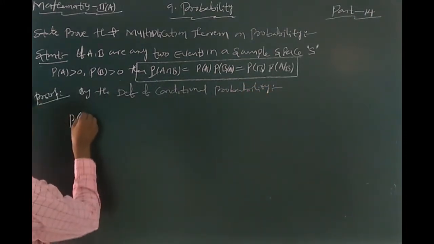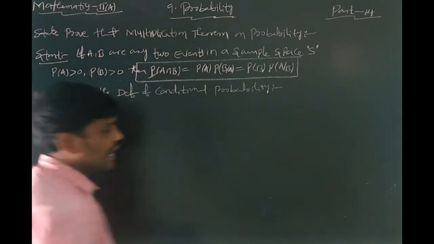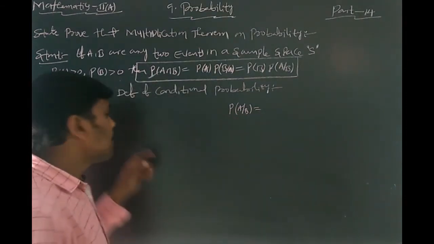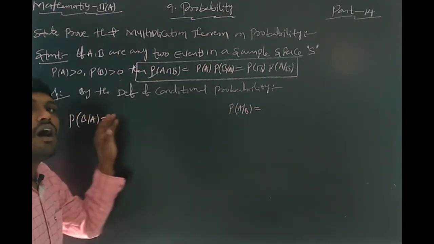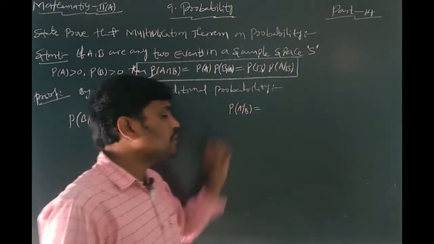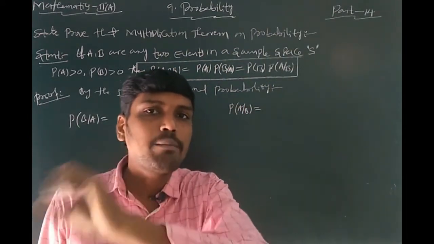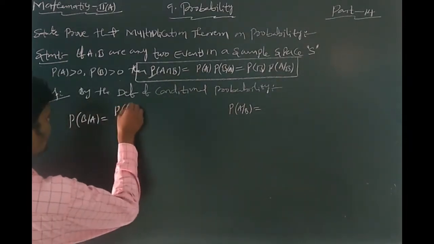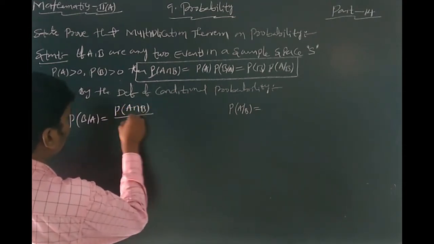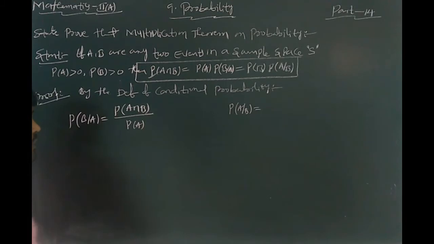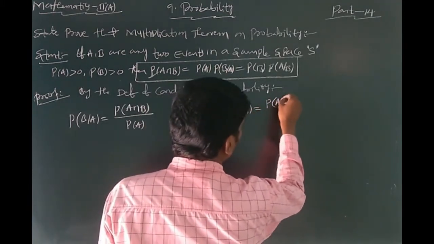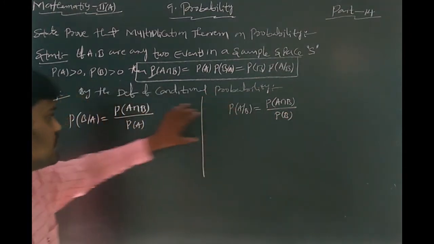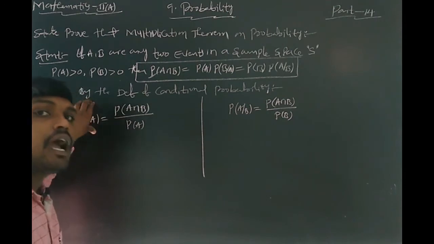P of B by A has a definition, and P of A by B has a definition. In P of B by A, first A occurs, after that event B occurs. In P of A by B, first B occurs, after that A occurs. The formula for P of B by A is P of A intersection B by P of A. Similarly, P of A by B is P of A intersection B by P of B. These two are the formulas of conditional probability.